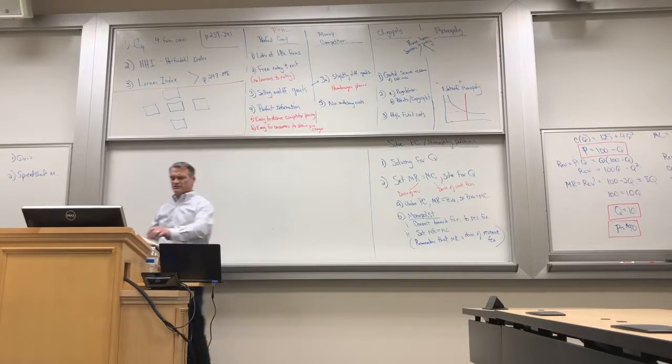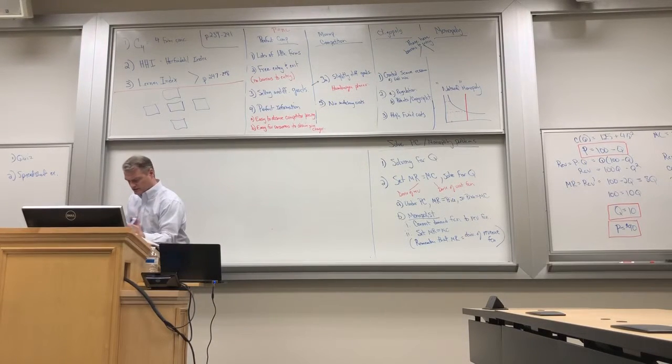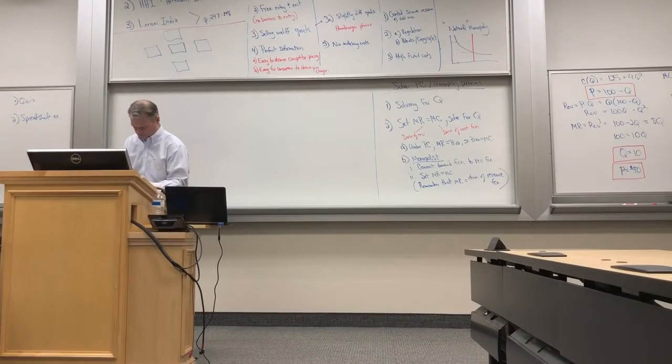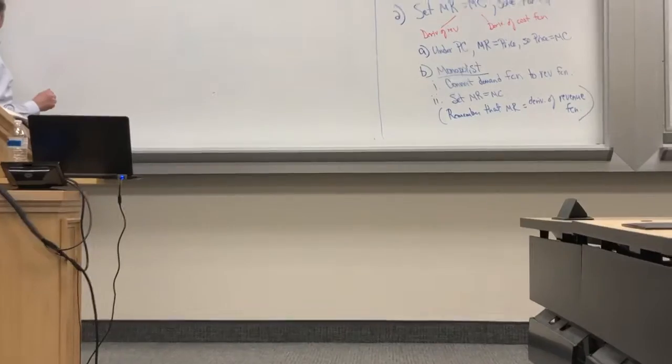So the example I'm going to give you is straight out of the book. All right. So we've got a monopolist. I'm just going to have you do the monopolist one in this case.